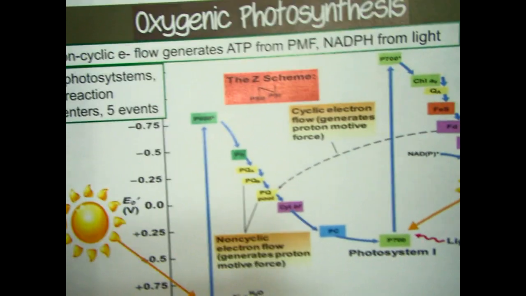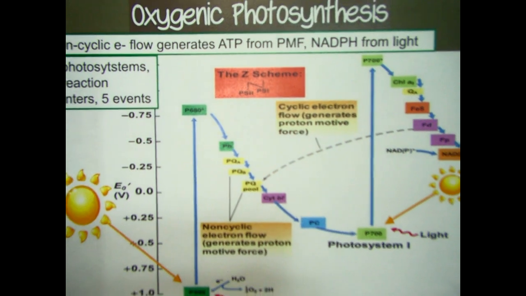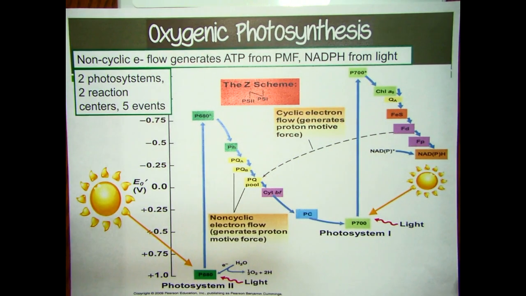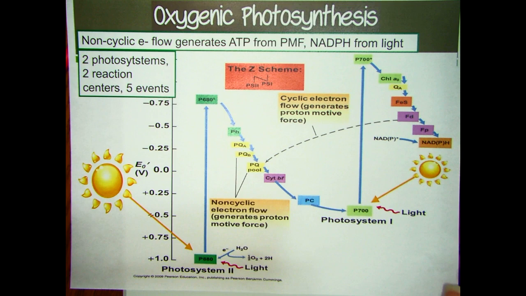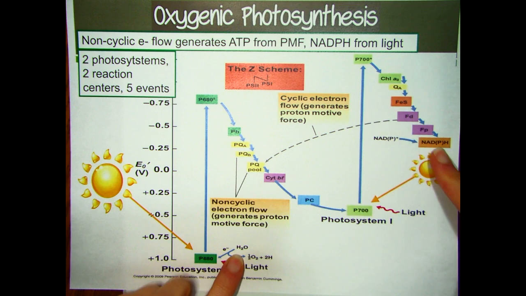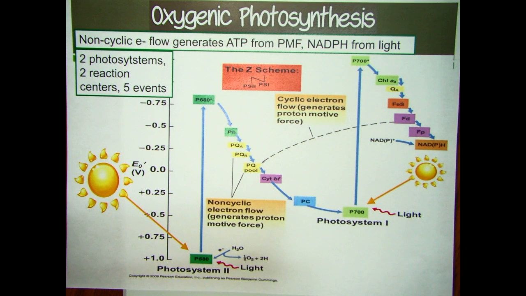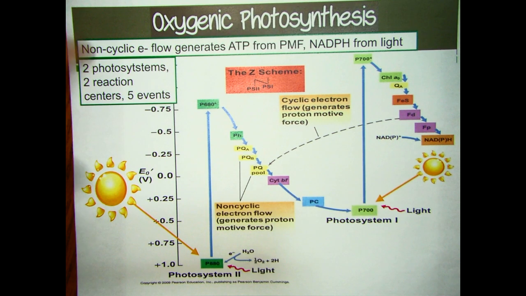Now let me show you the official chart from the book. Okay, so this is called non-cyclic electron flow because, very obviously, the electron starts with water and then ends up with NADPH. So the electron does not come back to water and also does not come back to the same pigment molecule. So non-cyclic electron flow.